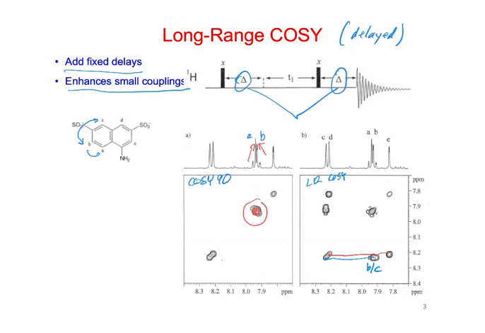And this one here, this is E, so this is going to be D to E. So it's another meta coupling, which wasn't really showing up in the COSY 90.